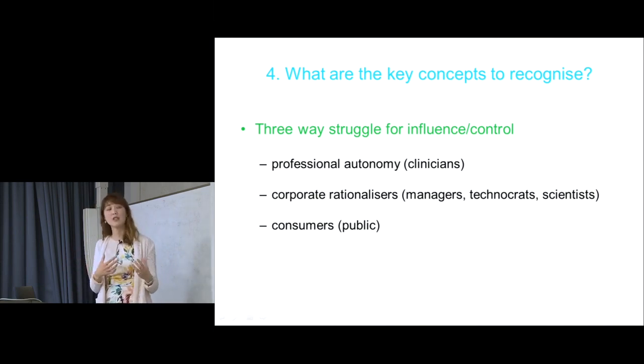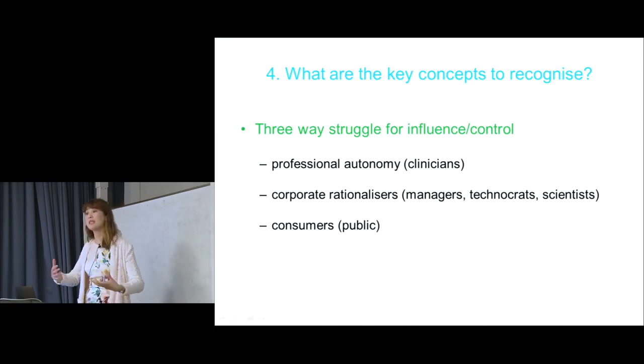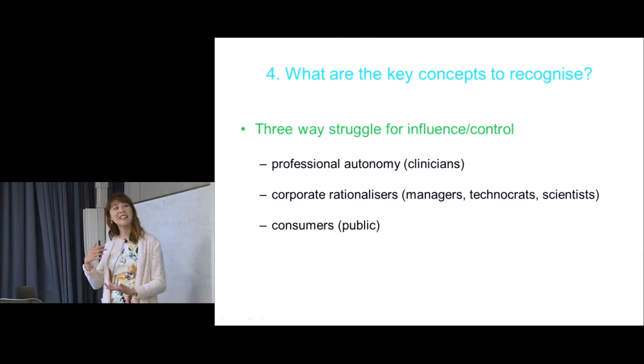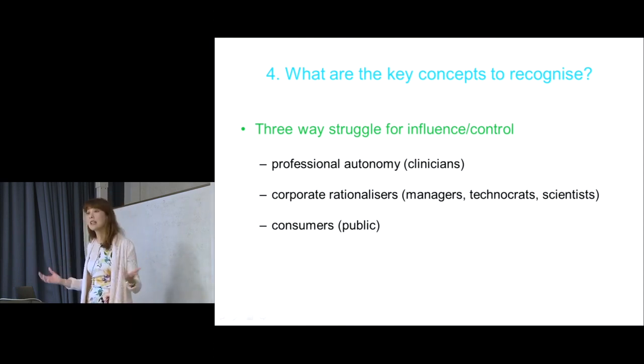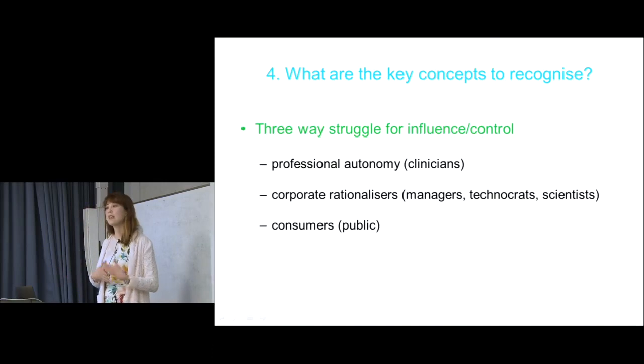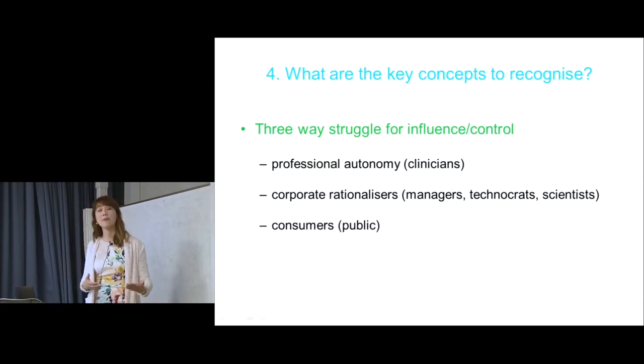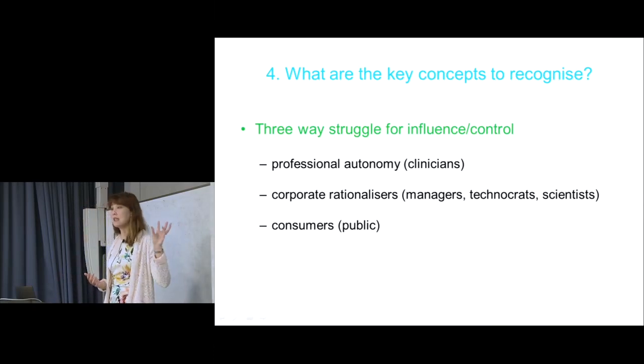But there is also the importance of keeping everything accountable and assessed: managing, studying, and looking at populations and the system as a whole, and thinking about what's the most effective way, what's the best treatment. Those are corporate rationalizers. And then lastly, the public.